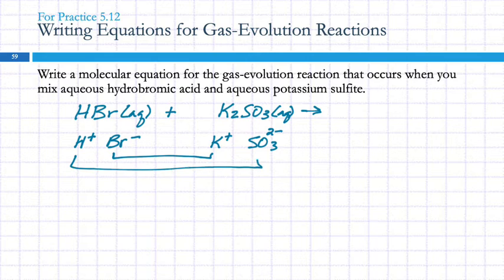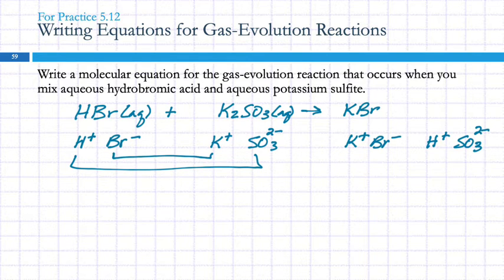And we're going to swap the partners. See if any chemistry occurs at the beaker party. So I'm going to get K+ and Br-, and I'm going to get H+ and SO3, 2-. So I get KBr. We can predict that that's soluble, right?